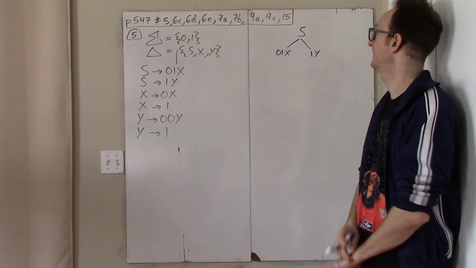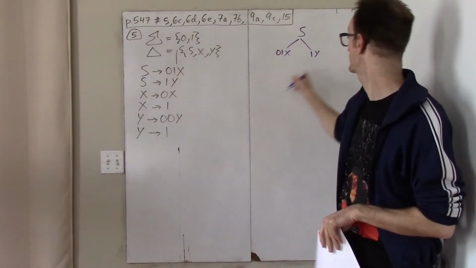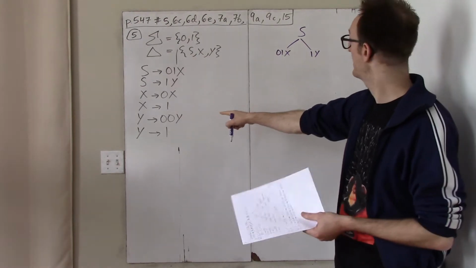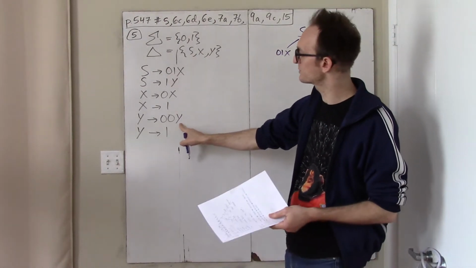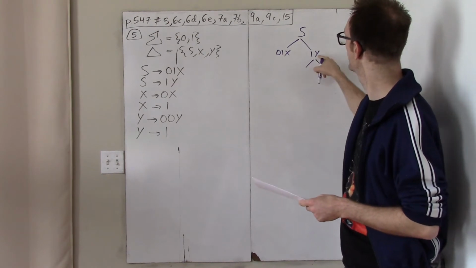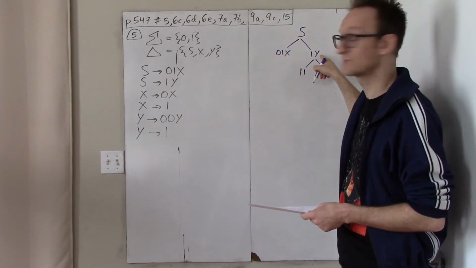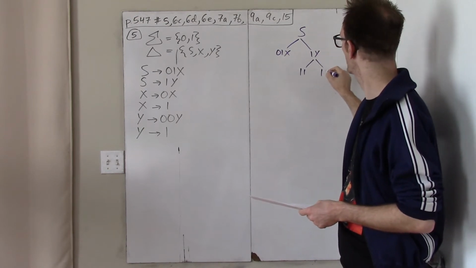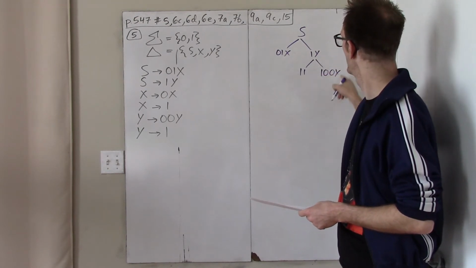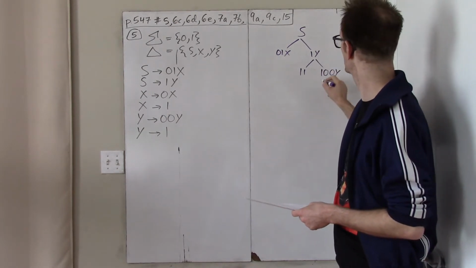And I think I know what's going on, because what is Y? Let's do that first. Y either produces 00Y or 1. So one option is that this Y gets replaced with a 1, and another is that Y gets replaced with 00Y, so I get 100Y.